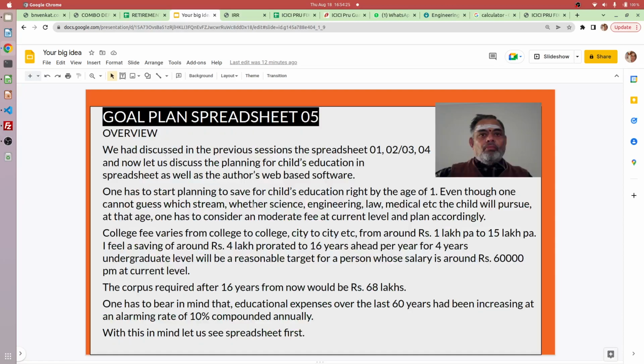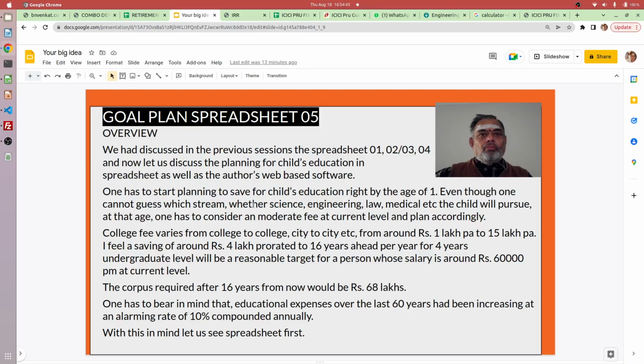We had discussed in previous sessions spreadsheets 01, 02, 03, 04, and now let us discuss the planning, rather funding, for child's education in spreadsheet as well as author's web-based program.